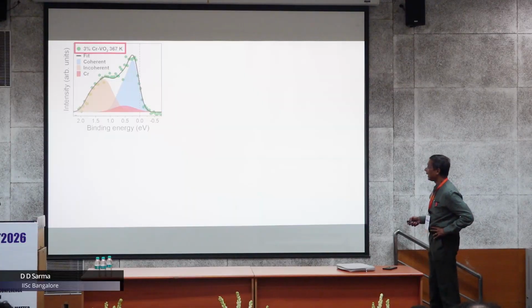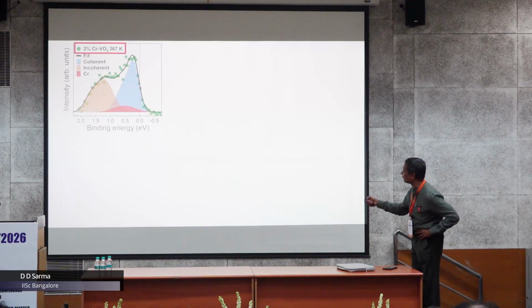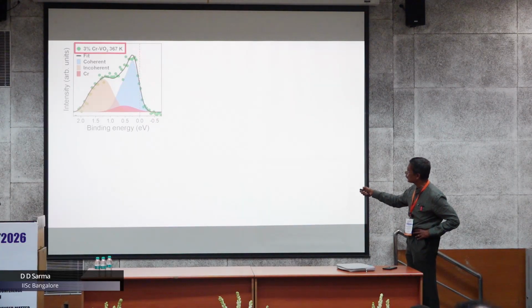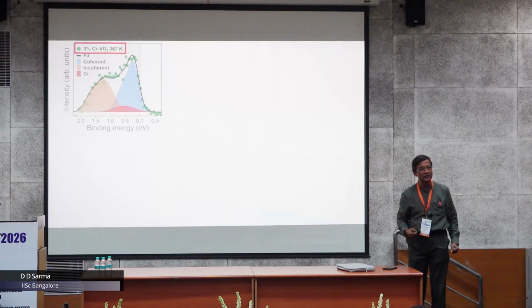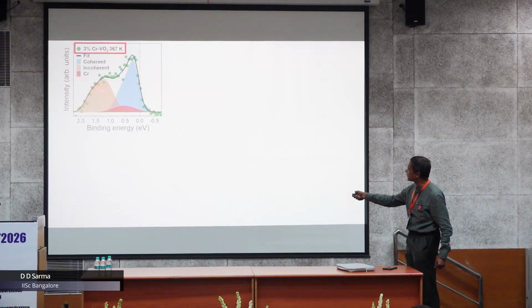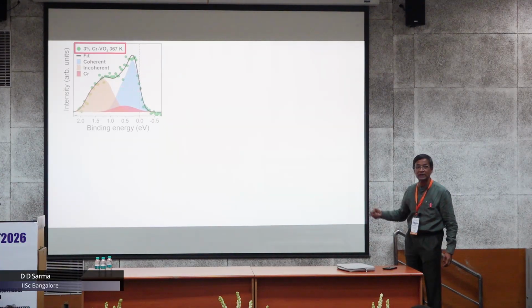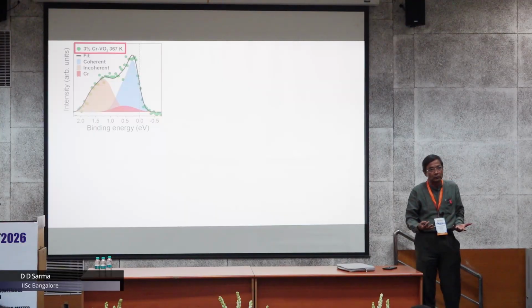What is going on? Again we are going to look at the valence band, and we'll extract two parts. You remember this is the signature of the metal. There's the chemical potential, and large weight tells me metal. And this is the higher binding energy peak, which is the signature of correlation-driven states that are thrown out. So if its intensity relative to this one increases, that means the correlation effect is becoming stronger.